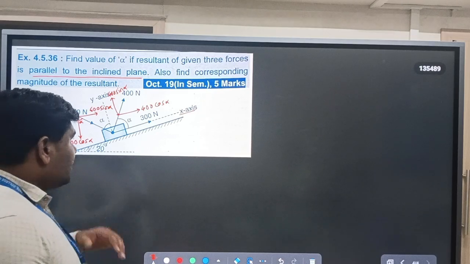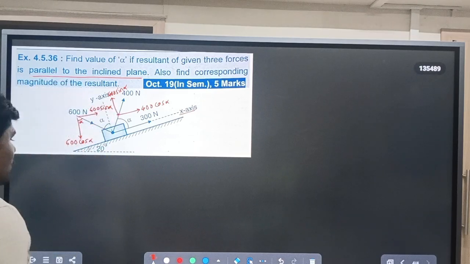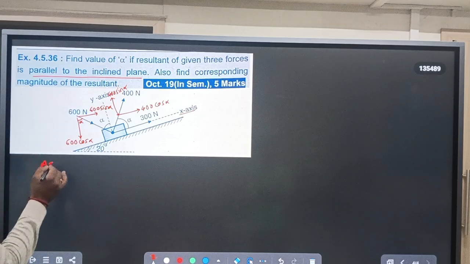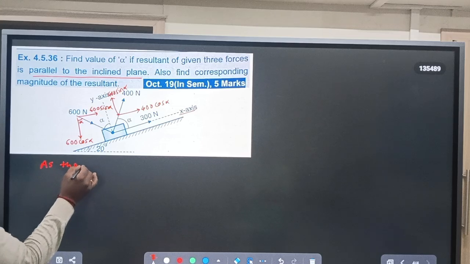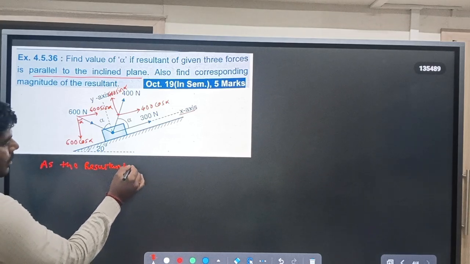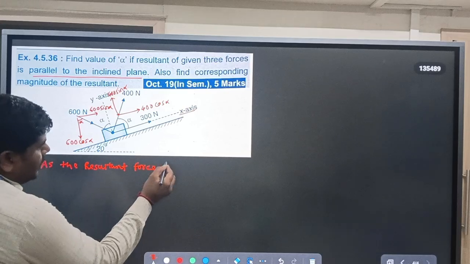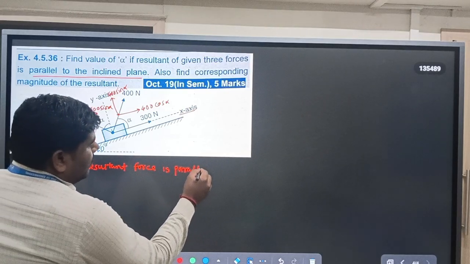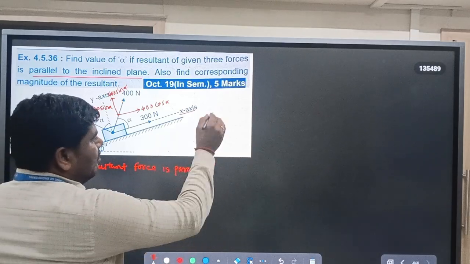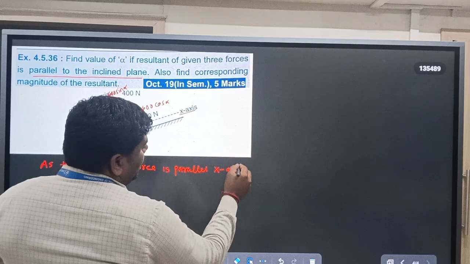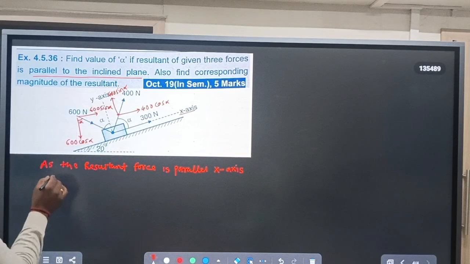Here what you have to remember is that the resultant force is parallel to the x-axis, parallel to the inclined plane, and the inclined plane is parallel to the x-axis. So the resultant is indirectly parallel to the x-axis.